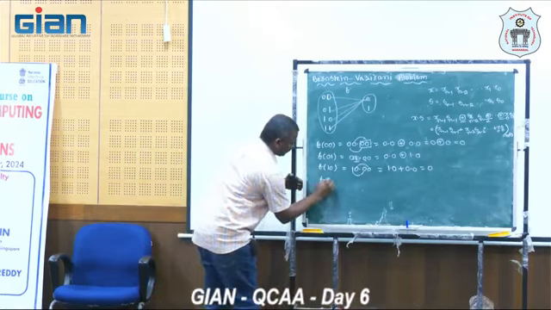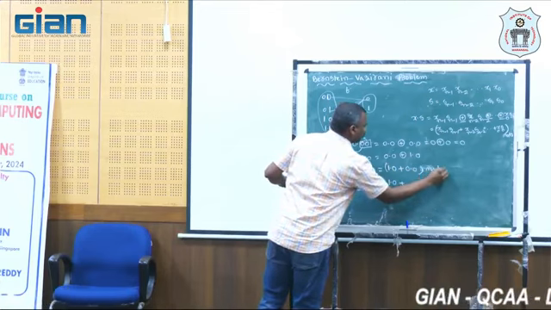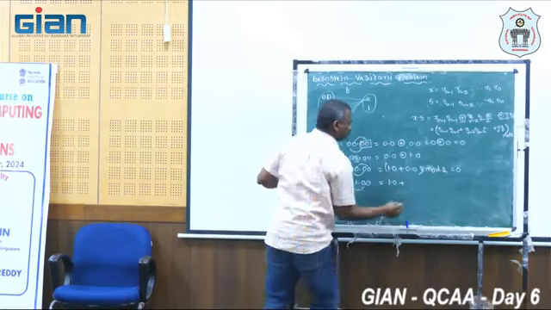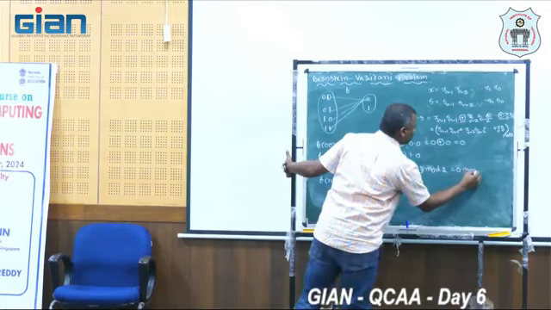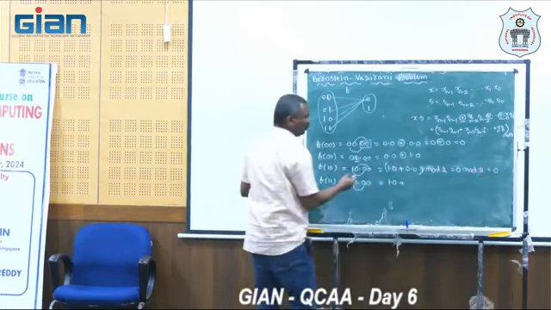It can also be written as 1 into 0 plus 1 into 0, that is mod 2. Both are the same intention. So finally this is also 0. Okay.